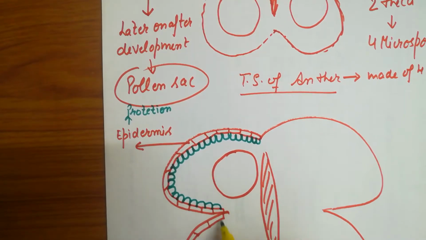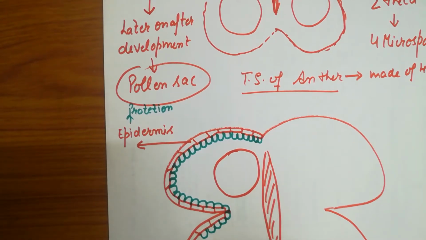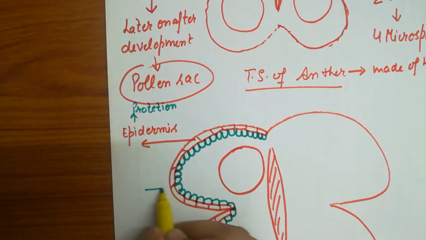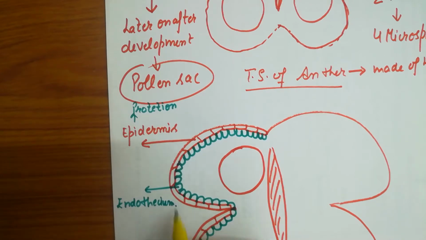This layer, which I am drawing in another color, is called the endothecium. So the first layer was our epidermis, and the second layer I am drawing here is the endothecium. Clear? That is also a single layer.